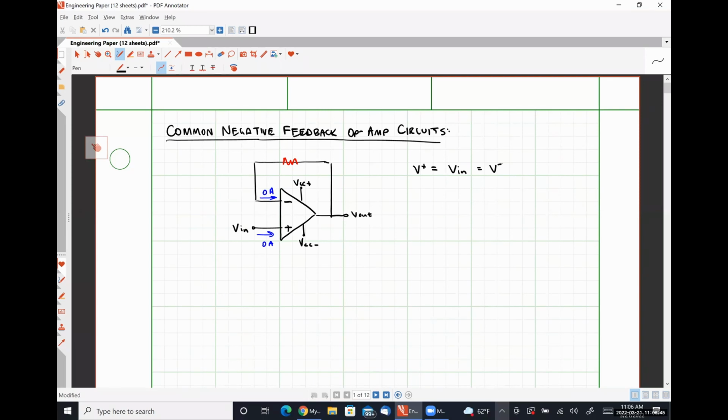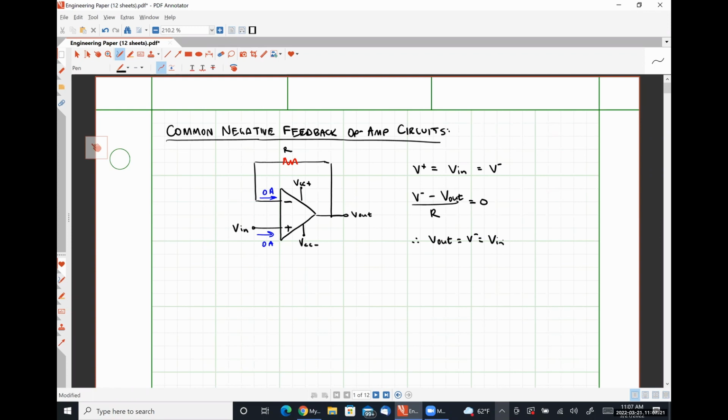Okay. So if we apply Kirchhoff's current law at our inverting input node, what we have is (V minus minus Vout) divided by the value of this resistor R is equal to 0, which implies that Vout is the same as V minus, or Vout is exactly identical to Vin.